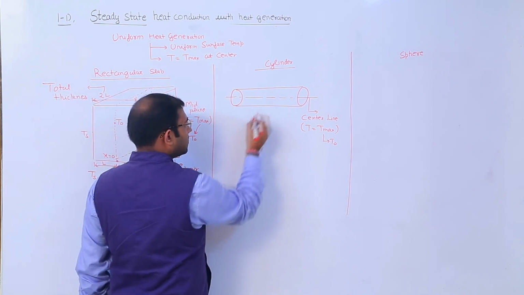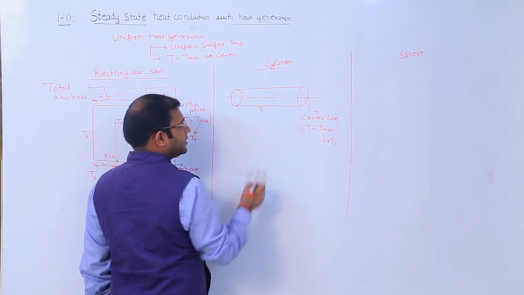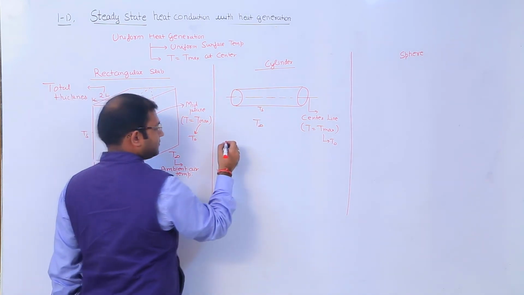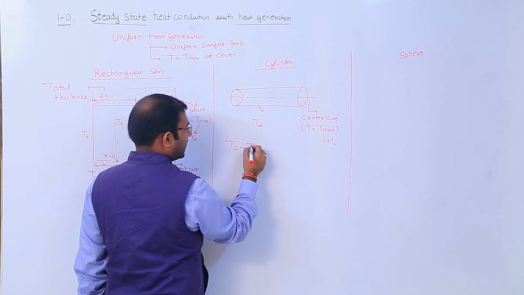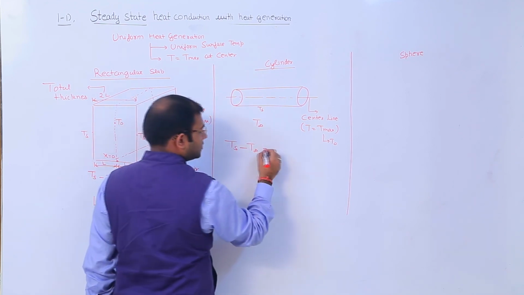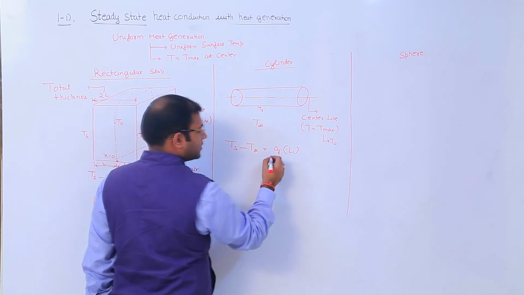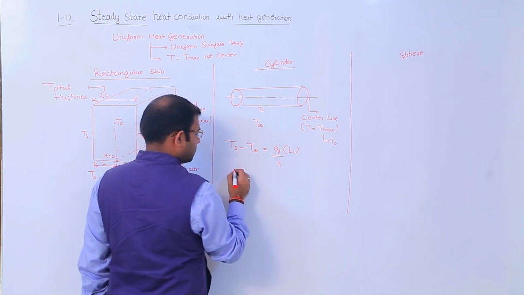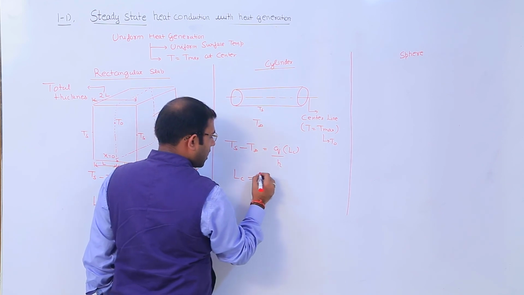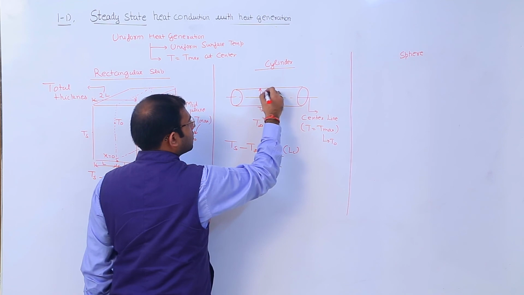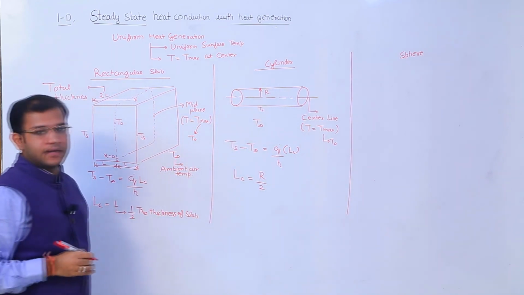And the relation between surface temperature Ts and ambient air temperature is Ts minus T infinity is equal to Q dot into characteristic dimension Lc upon h, where Lc is R by 2, and this is your radius of the cylinder R.